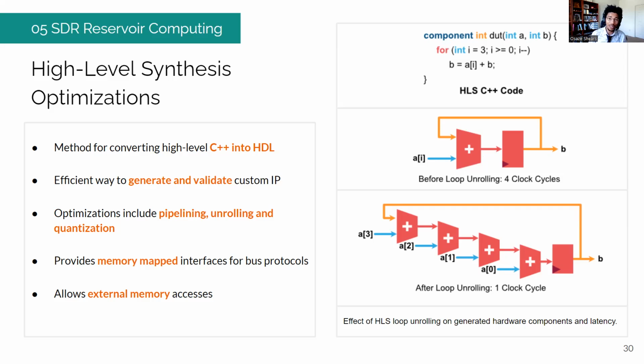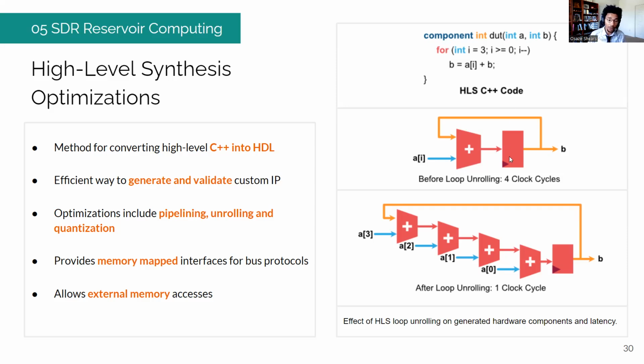And it circumvents a lot of the design overhead that you would run into with manual physical VHDL or Verilog design. One of these optimizations that's shown on the right side is loop unrolling. From this initial approach, if you synthesize this without unrolling, you would get the figure that's shown directly below it.